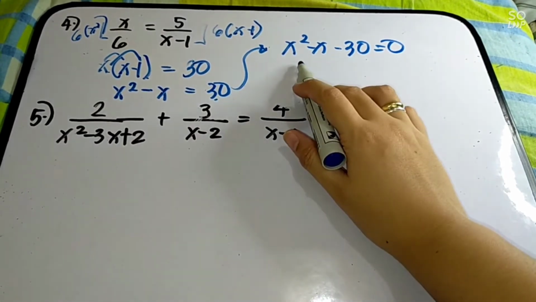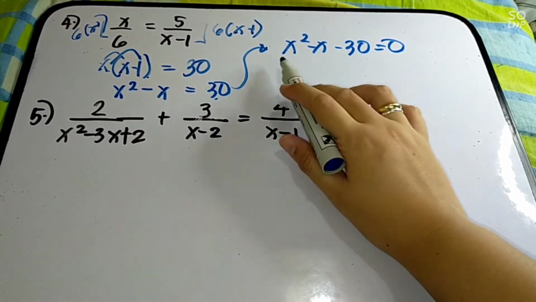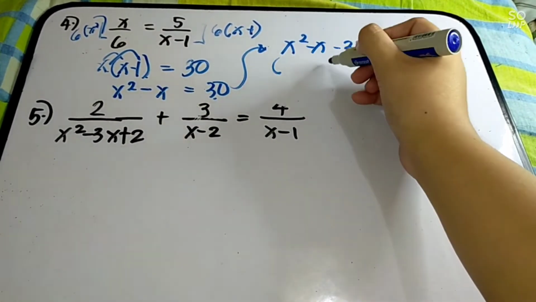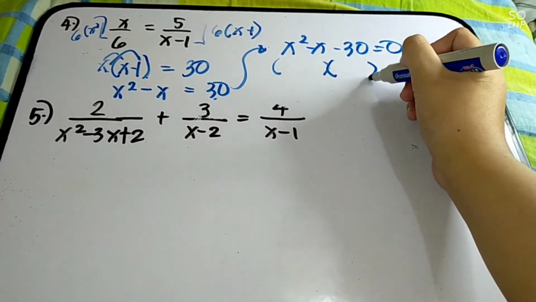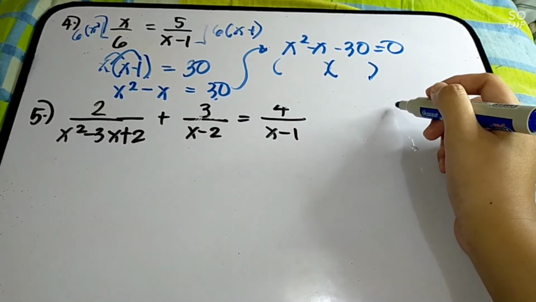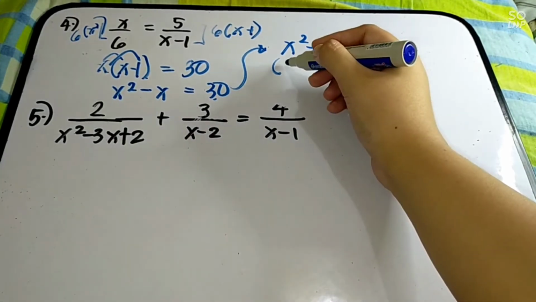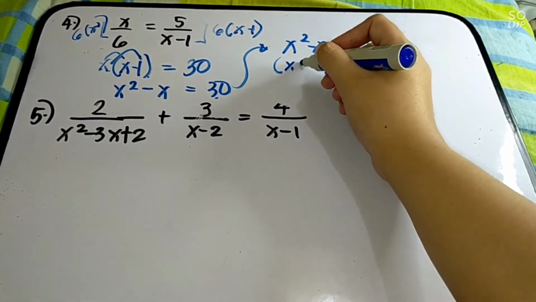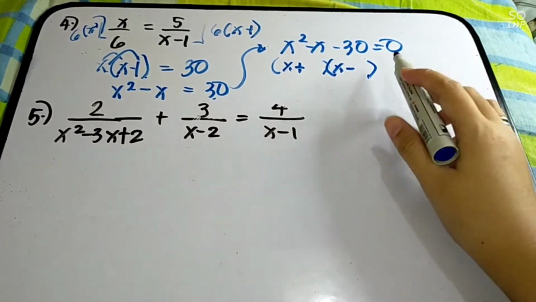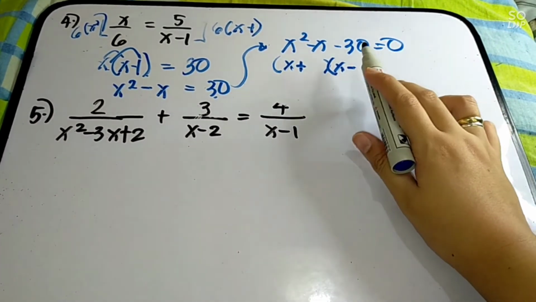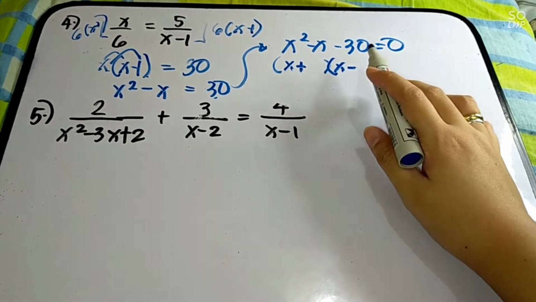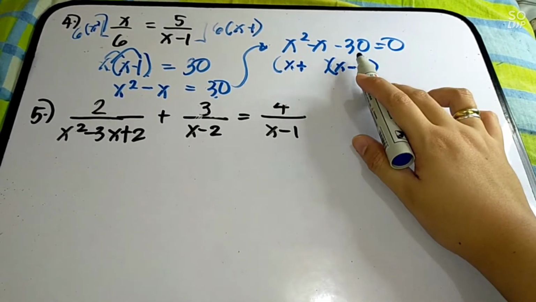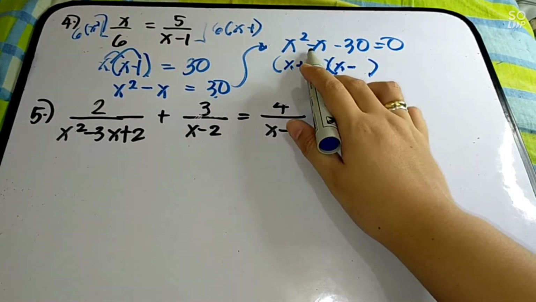So, quadratic siya, quadratic trinomial siya, kaya ang gagamitin natin is factoring by using trial and error.